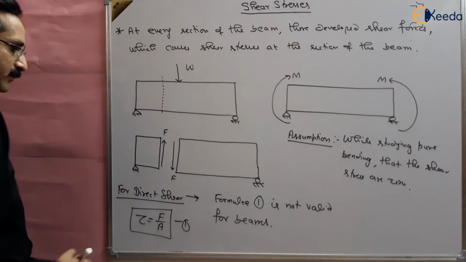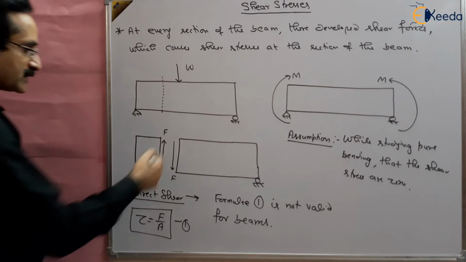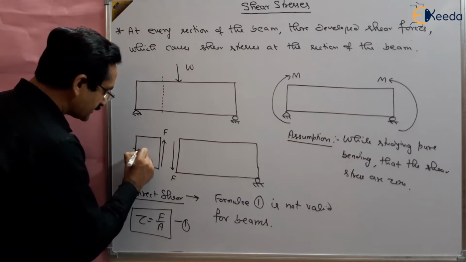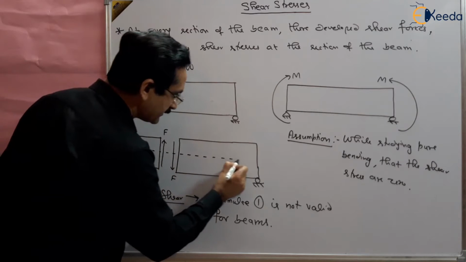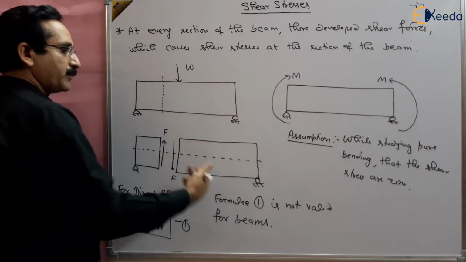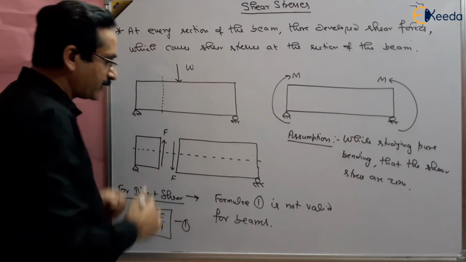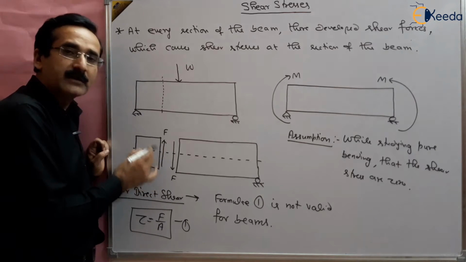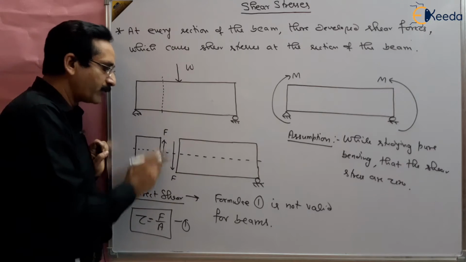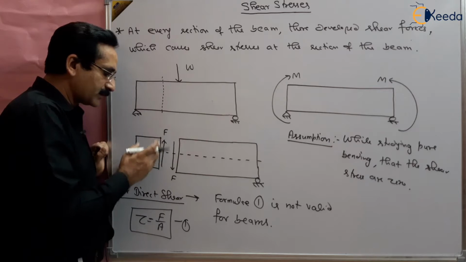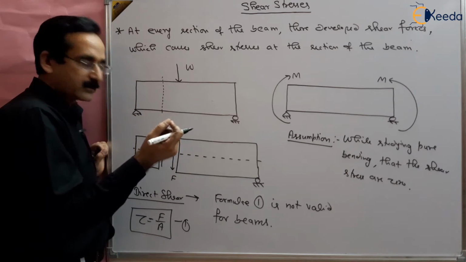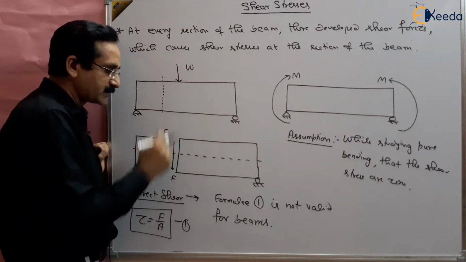It is not valid for beams because the shear stress is varying at every part of the beam, right? Here the shear stress is different and it is different at the other part of the beam. Also the force we have written is the total sum of all forces acting on this section, but these forces are different at different sections, right?